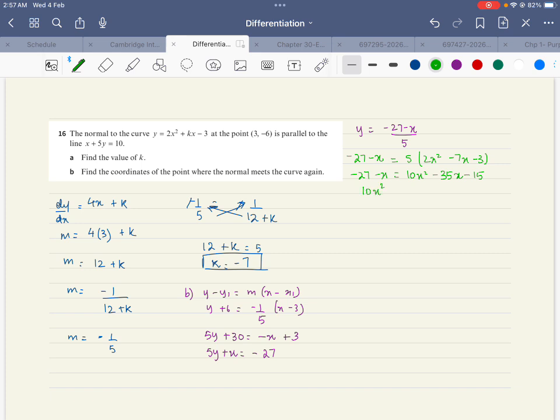10x squared minus 34x minus 15 plus 27 is 12, plus 12 equals 0. Divide the entire equation by 2, it becomes 5x squared minus 17x plus 6 equals 0.